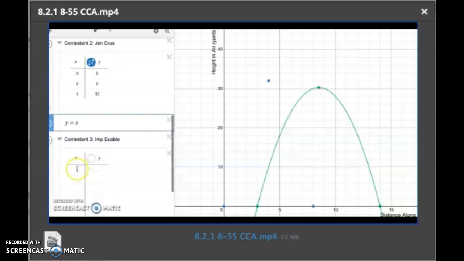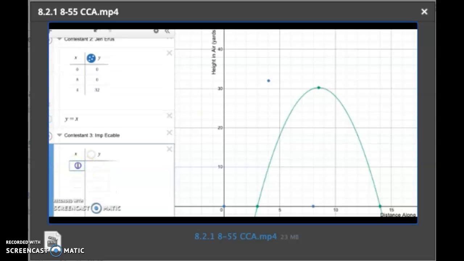Open him up. The first point was (2, 0), and then (3, 9).